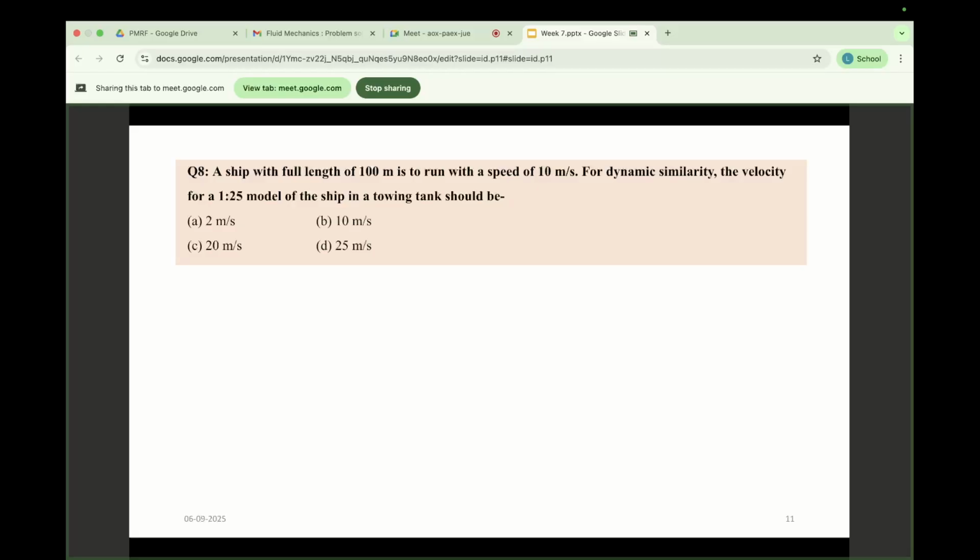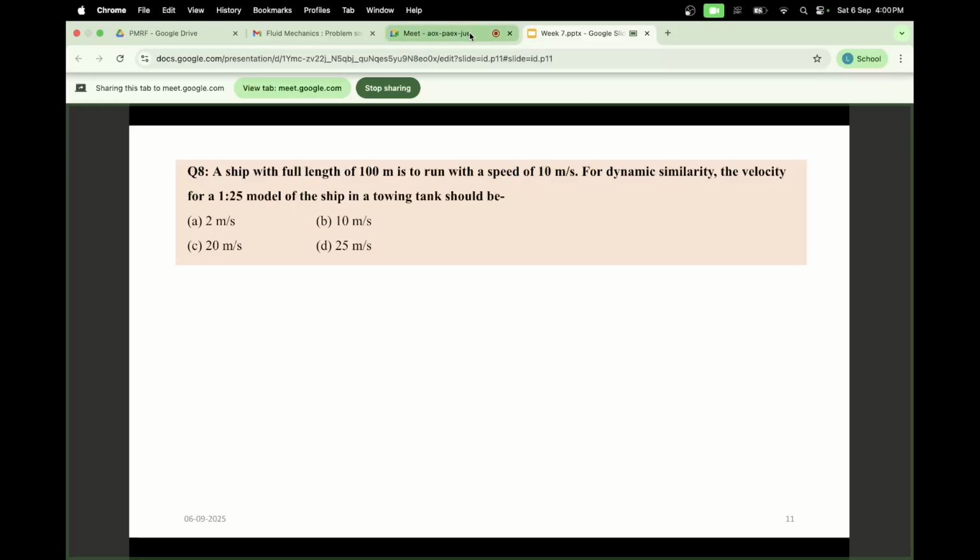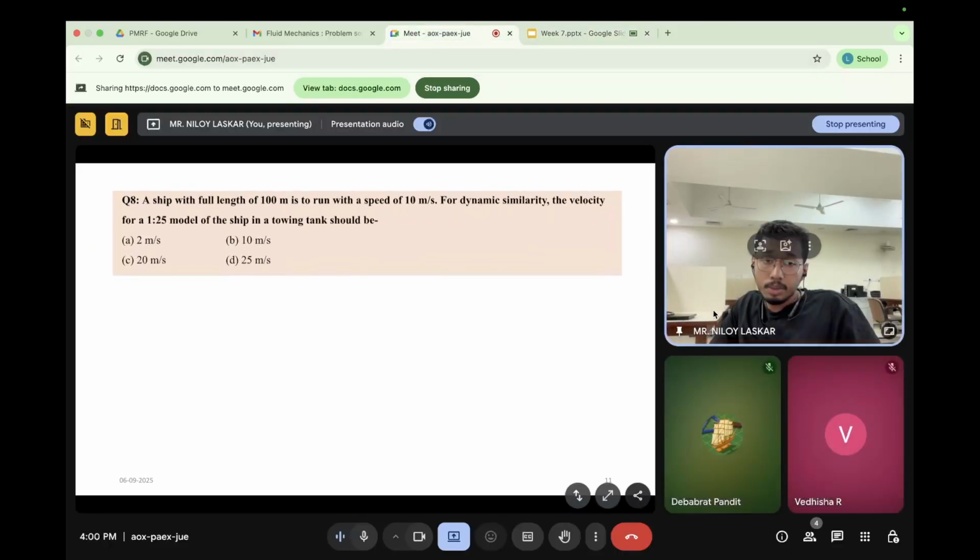A ship of full length and scale is given, and its velocity is given. For dynamic similarity, the velocity for the model should be found. The initial velocity of the prototype is given. What type of concept is to be implemented here? That is the concept I already explained two to three slides back. Please try to answer. I am giving you 2 minutes.